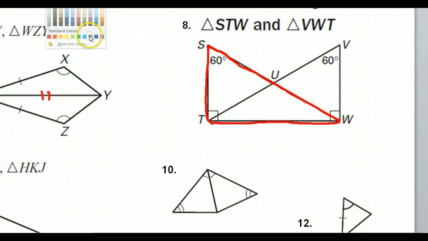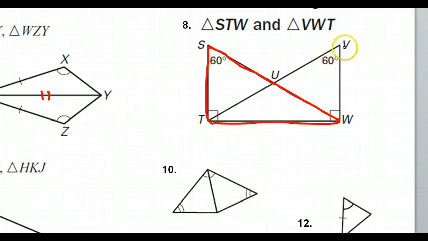Now that you focus on that, you can probably see that VWT is the triangle that goes like this. There's V, there's W, and there's T. Okay, so we're talking about the red triangle and the blue triangle.